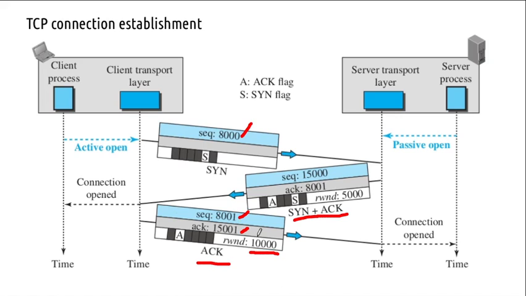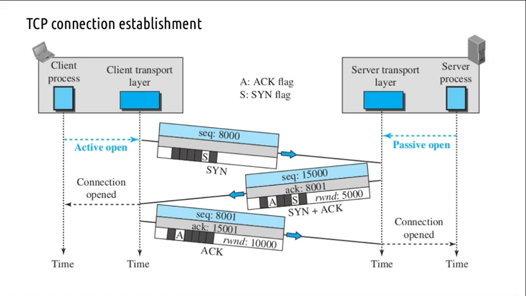Else it will consume only one sequence number. We need to keep track of the sequence numbers, because that's how segments received out of order can be rearranged. The bytes are also numbered. So that's the connection establishment phase.